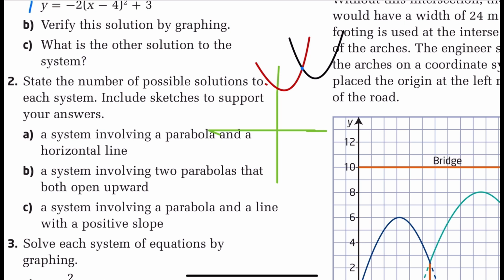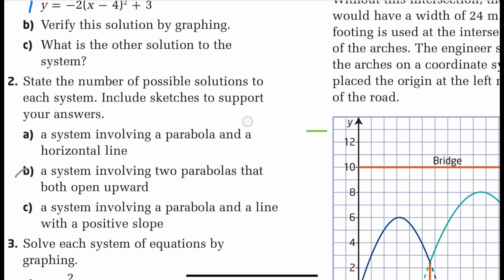The third example is if your first parabola is like this and the second parabola is like this. So now we have 2 solutions. We have an intersection here and an intersection here. So this is question B.